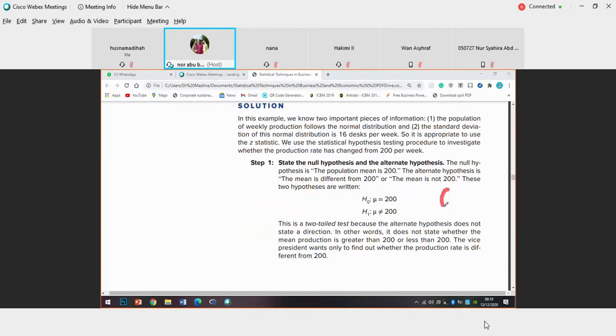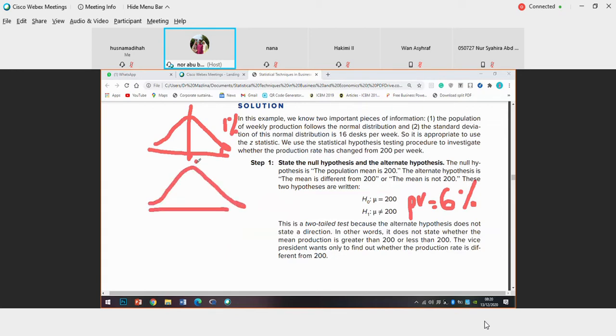Okay, because benda ni kalau awak sambung belajar pun awak akan jumpa. Okay, you got p-value as 6% here. Okay, now kita nak test dekat 1%, right? Okay, ataupun kita test dekat 5%. Okay, 5%. Ataupun kita test dekat 10%.